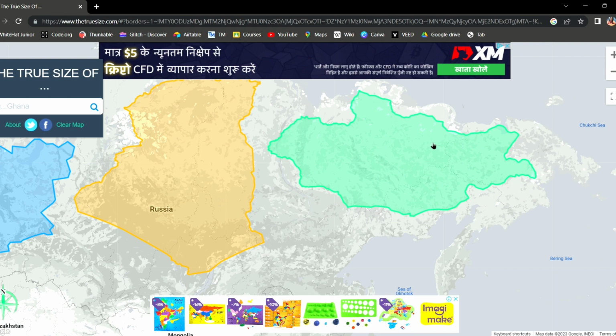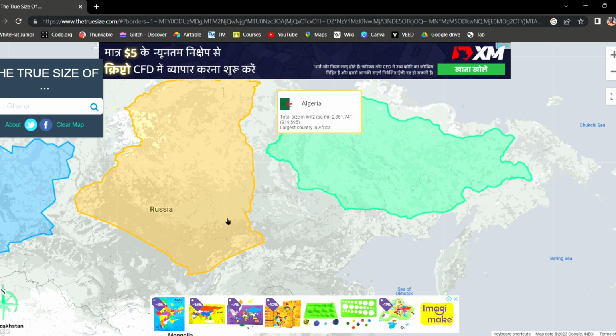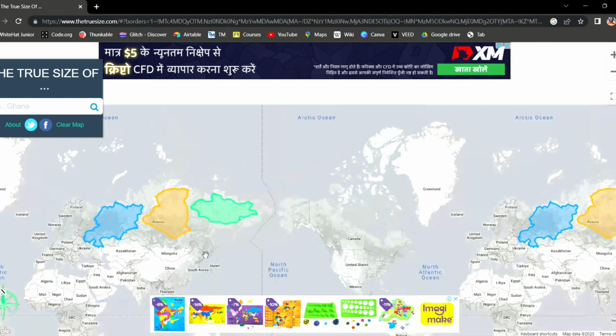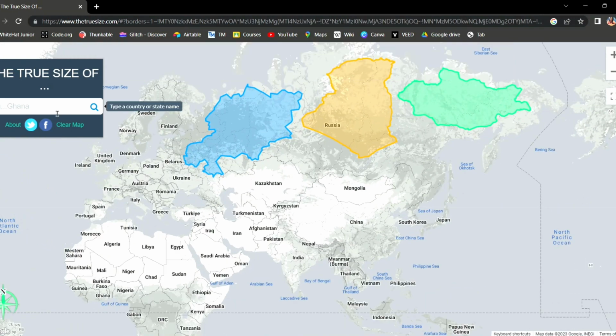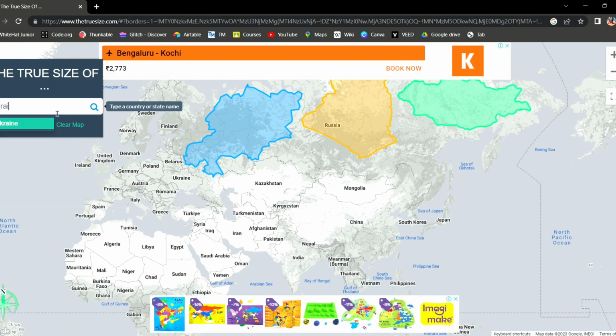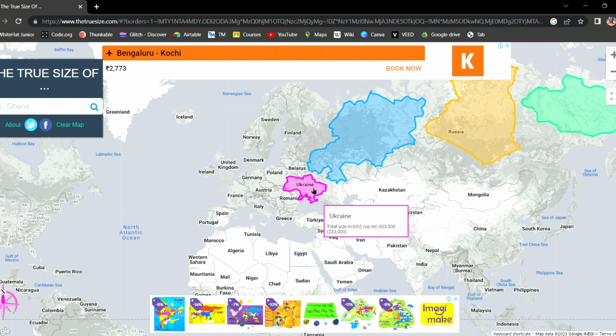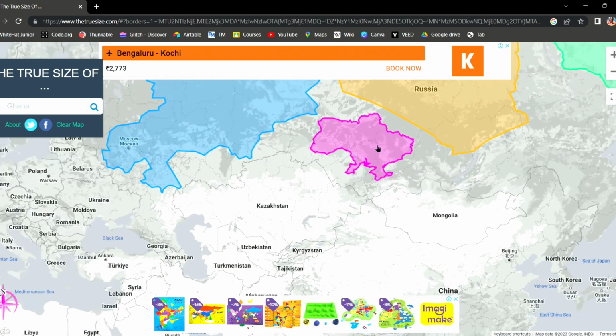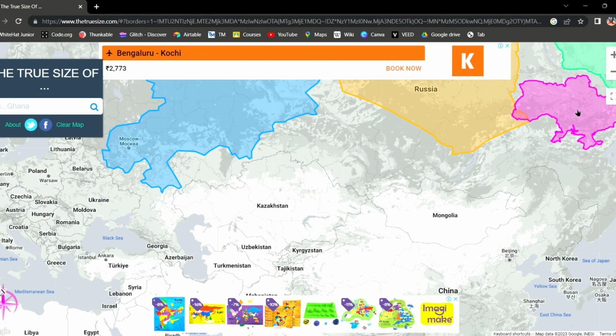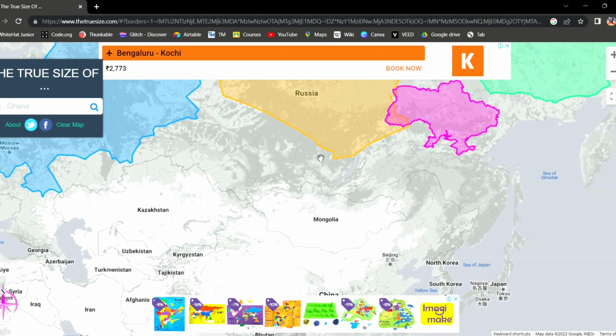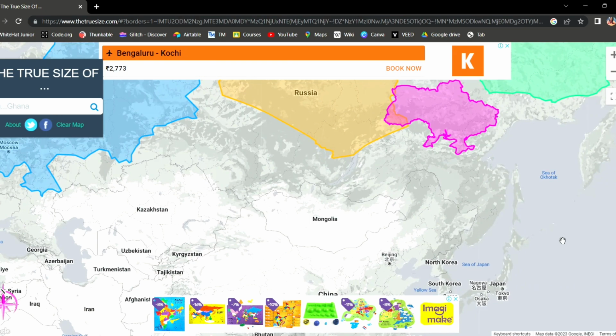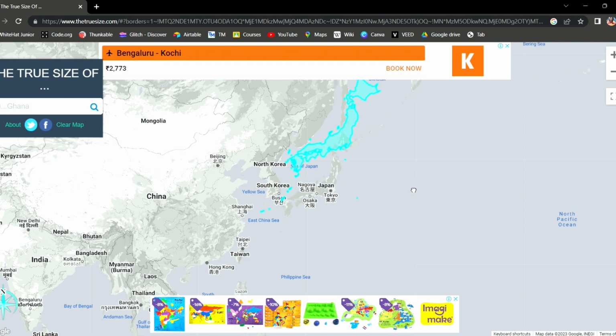Okay, that's a little water. So next, let's take a country like Ukraine, which it is in a war with. So sad. Next we can fit Ukraine easily in this part.